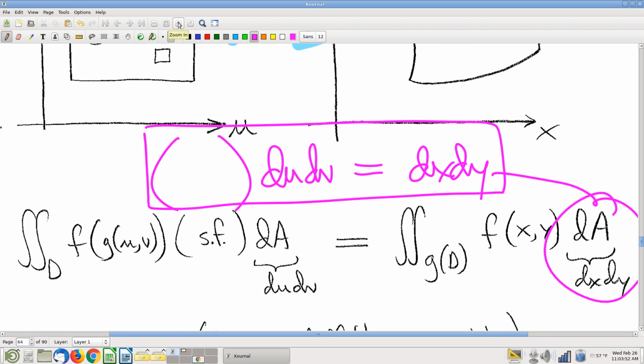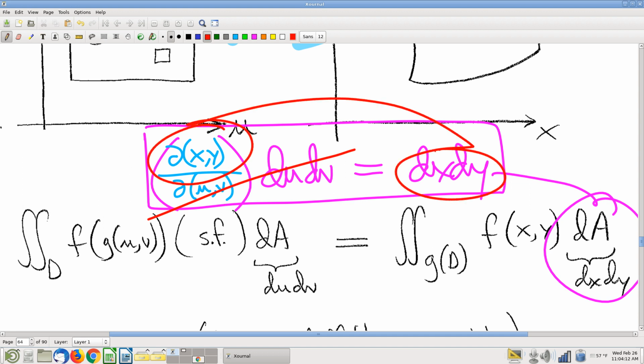If you were to write this stretching factor as partial xy, partial uv, it's as if those cancel, and then you see that's reminiscent of that. And so writing it as a fraction is highly suggestive of the factor-like purpose that it serves, right?